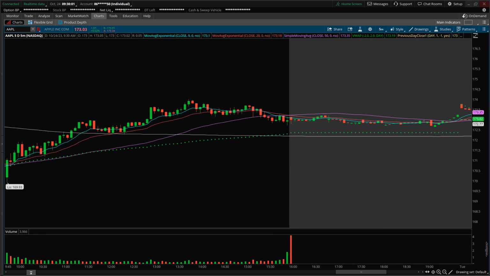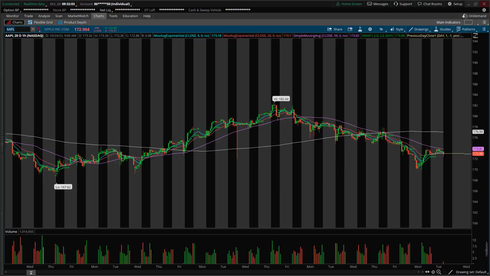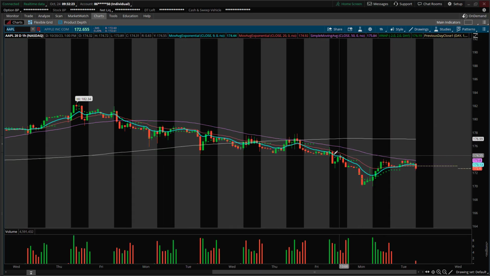So now I'll bring your attention here to the simple moving average lines. You'll see I have an hourly chart of Apple up. You see how that white line is cutting right through that pink line right over here? That means the 200 SMA is crossing over that 50 SMA, and you'll see how price right there, very pivotal point as I zoom in there, hitting resistance, and now it goes bearish, right?